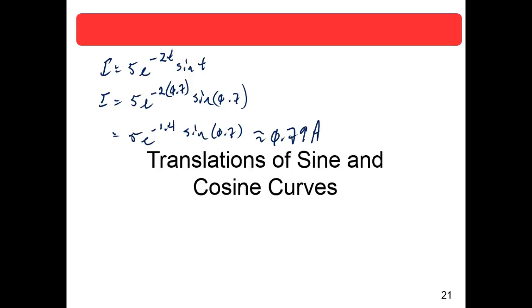Are most of the problems calculator problems, or are they other kinds of problems? What's that? All right.